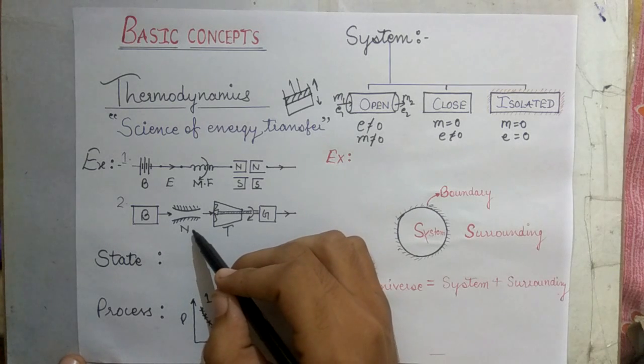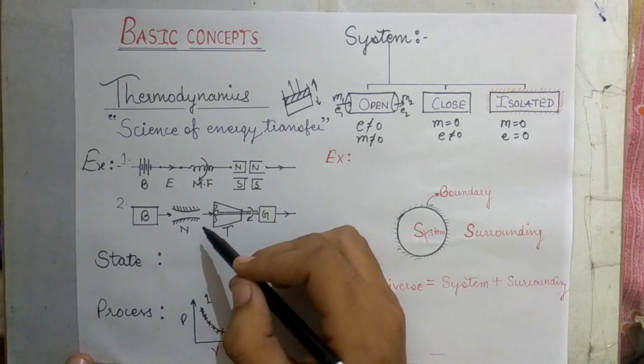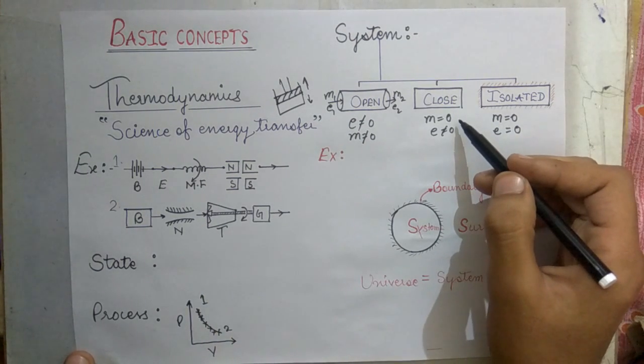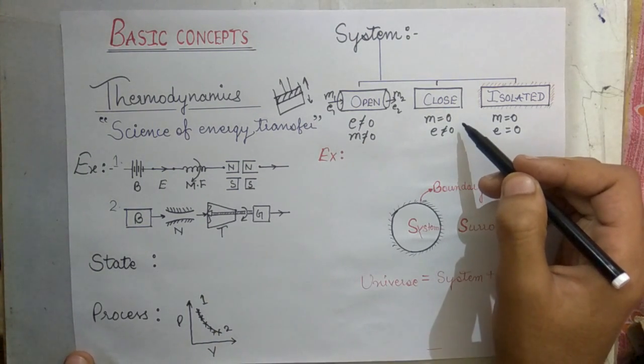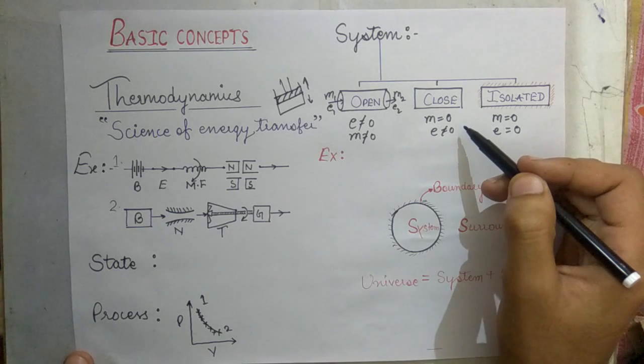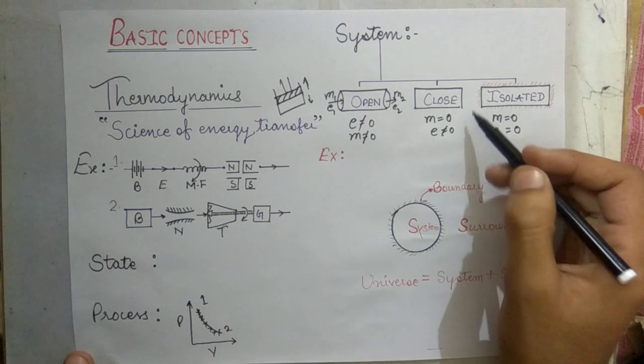Nozzle is also an open system. The pressure cooker with whistle is also an open system. And closed systems are, you can say, the bulb, the engine cylinder with valve, without valve. Okay, and there are many more examples.